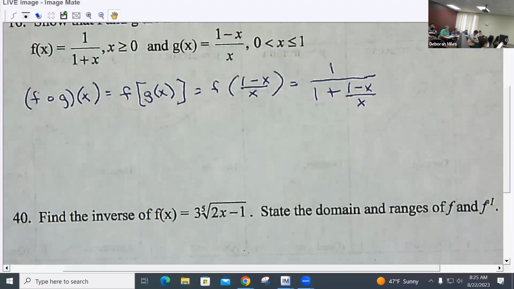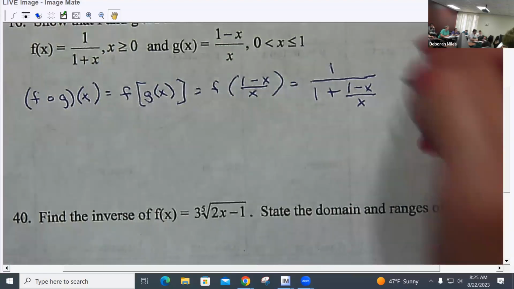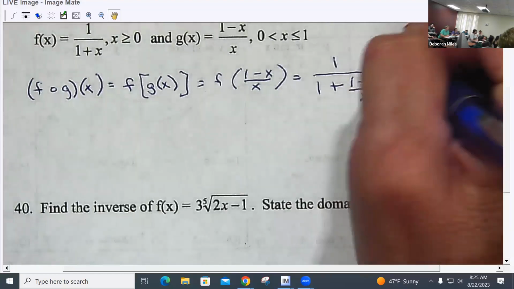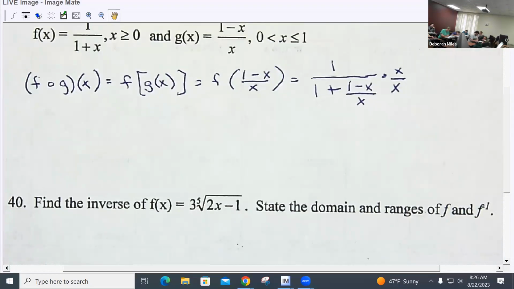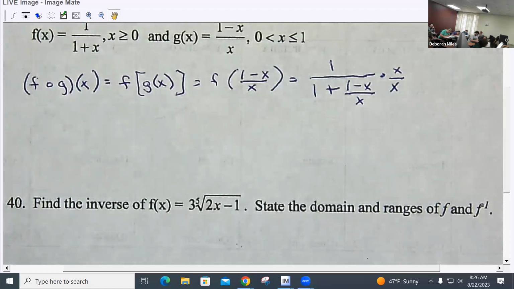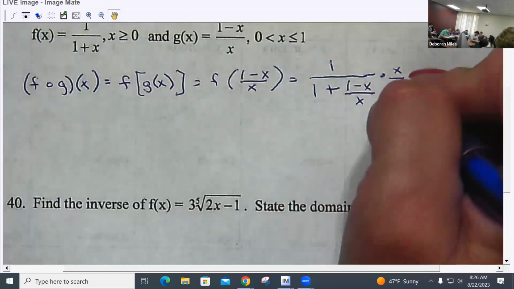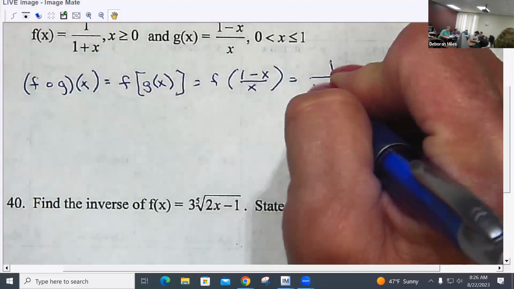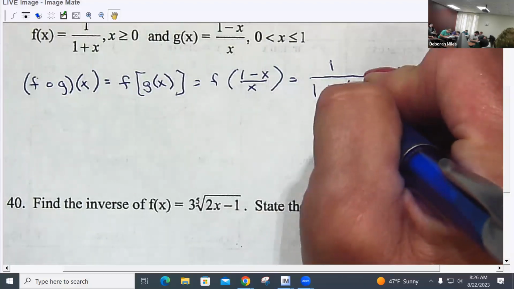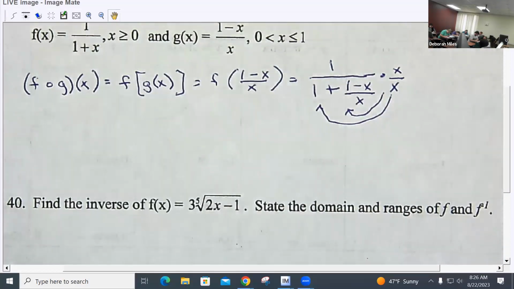What is the baby denominator? X. So I multiply the whole fraction by x over x. And since that denominator has 2 terms, I have to make sure I multiply it by both terms.